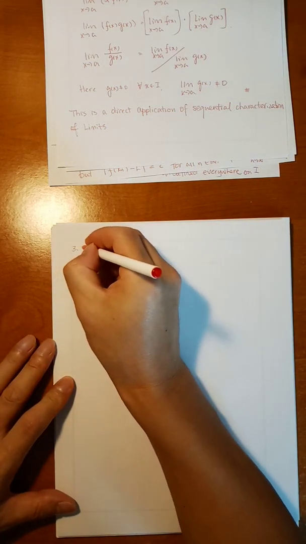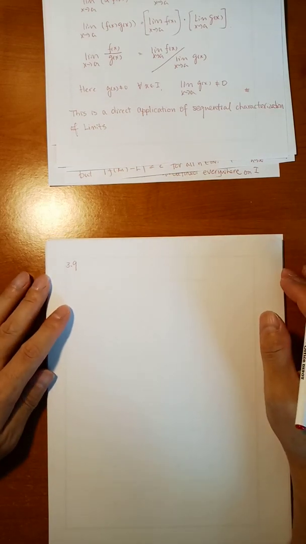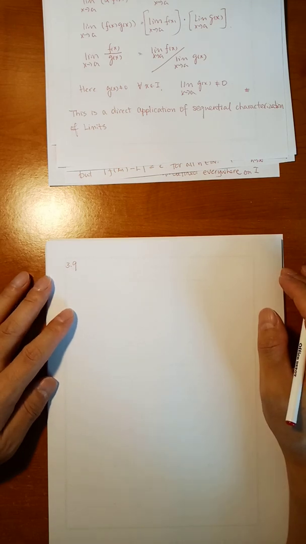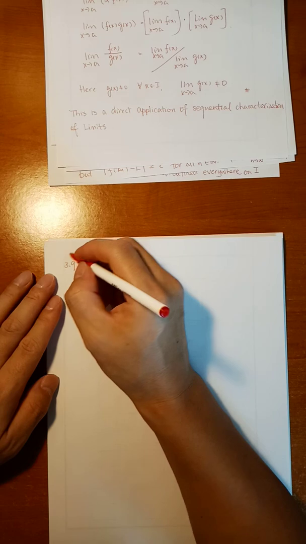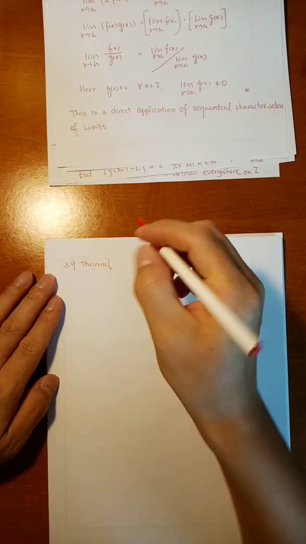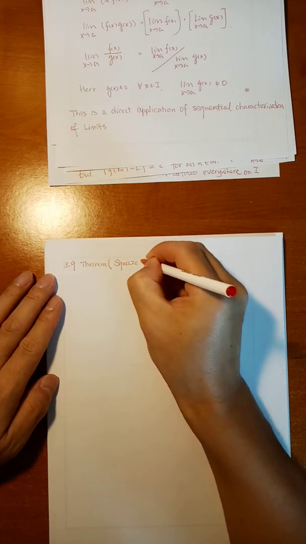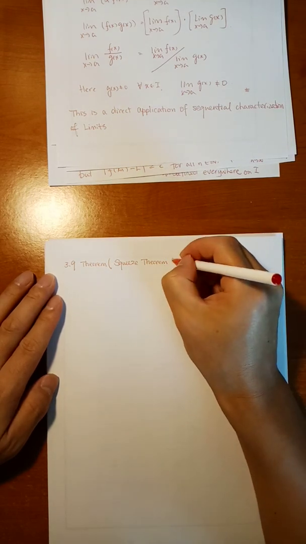So the limit of sequences has a squeeze theorem. By the sequential characterization of the limit of a function, we also have a squeeze theorem for functions. That's Theorem 3.9, the squeeze theorem for functions.